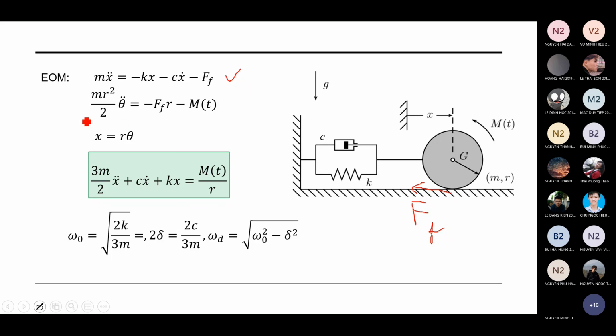You can see here the mass moment of inertia with the center G, and this is the rotation angle, and this is the moment about the center G of this disk.